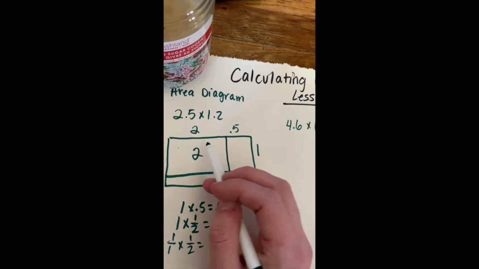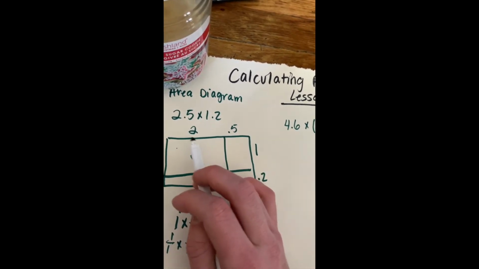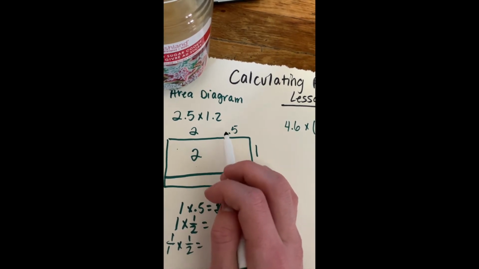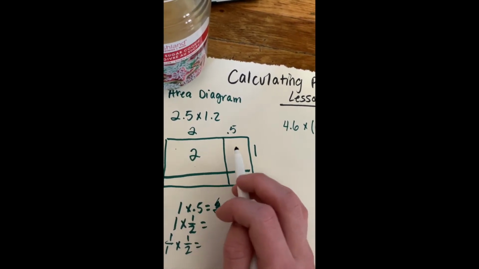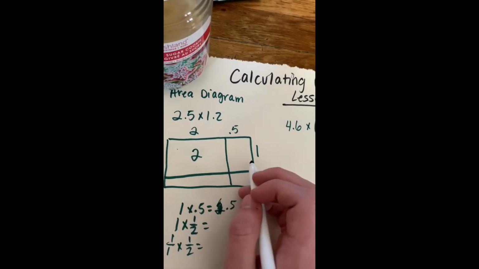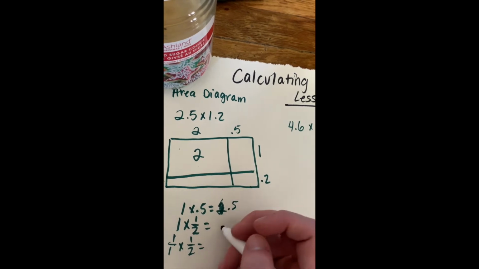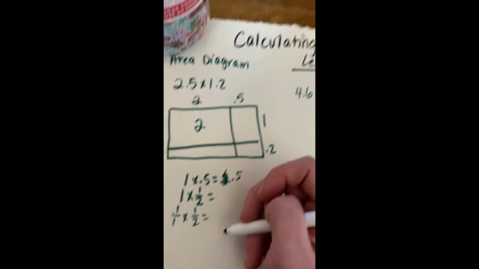If you remember from the last video, after we partition it off to show that this does equal 2.5, but I want to have different area side lengths for different rectangles, we'll say 2 times 1 is 2, and then 1 times 0.5 is 1.5, or not 1.5 but 0.5.